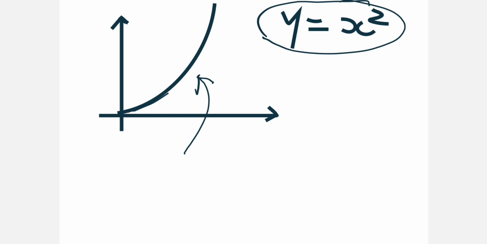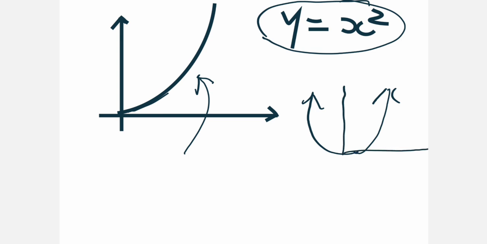So x squared as a graph is actually a parabola, a shape looking like this, equal on both sides. So our part that we have looks something like this, although that's a very bad drawing.